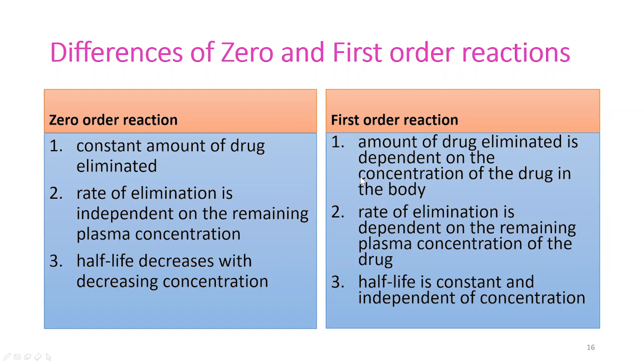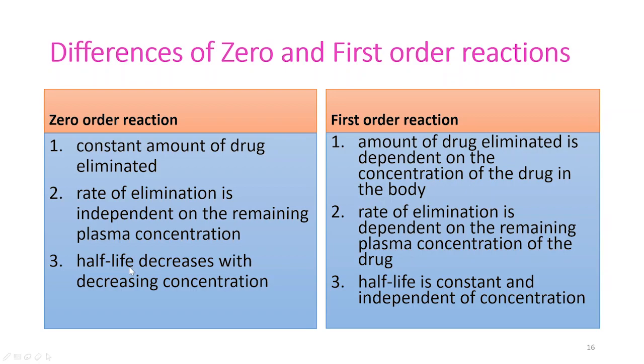With regards to the rate of elimination, with zero order, the rate of elimination is independent of the remaining plasma concentration. Meaning, since the amount is constant, it does not matter what is left in the plasma or what amount of drug is left. Whereas in the first order, the rate of elimination is dependent on the remaining plasma concentration. So, like 0.12 or 12% was eliminated as the previous table has shown us.